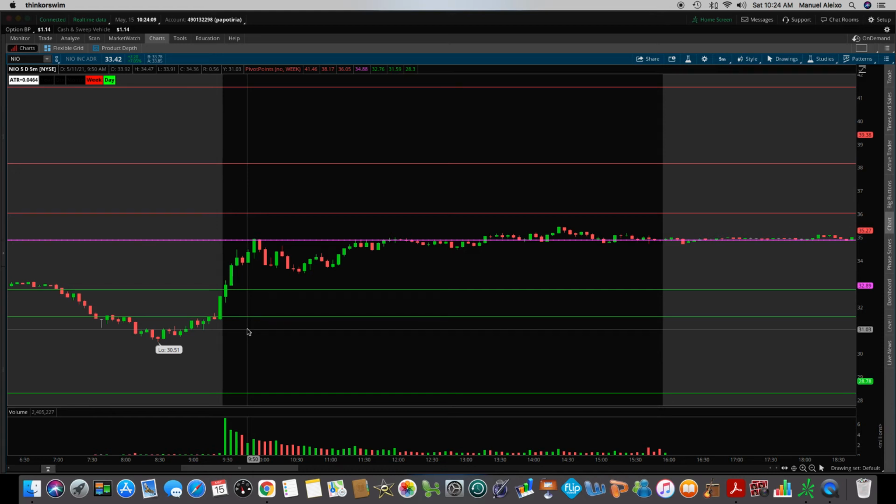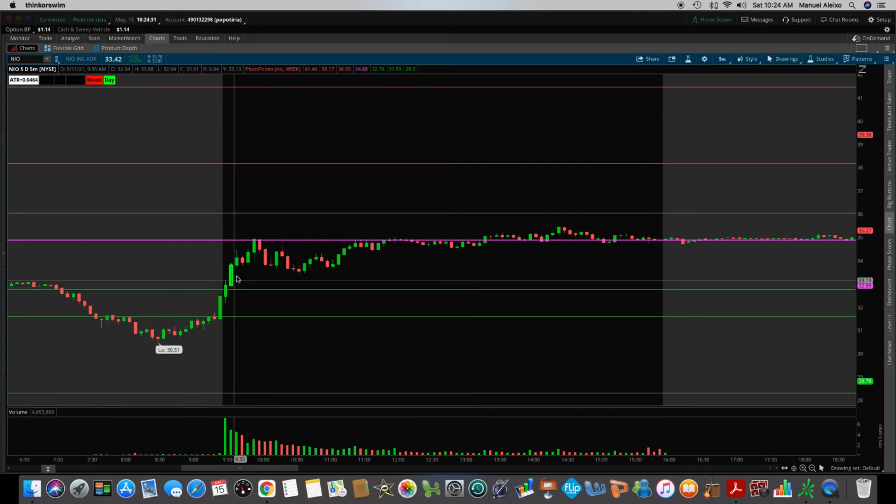Okay, you can also play this as a long play off of a support line. So this is the second support on NEO. NEO opened, okay? If you wanted to, you could have gotten in the trade here, realizing that the next support was actually going to be resistance, but it wasn't, and it continued going.